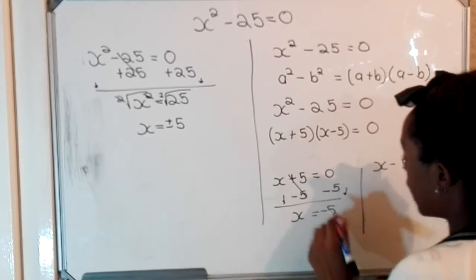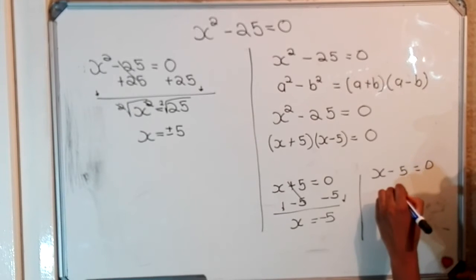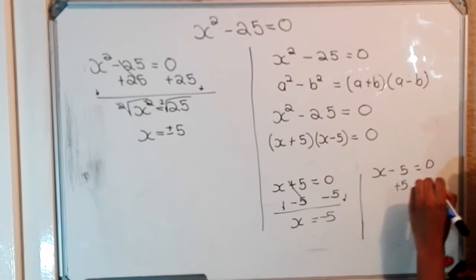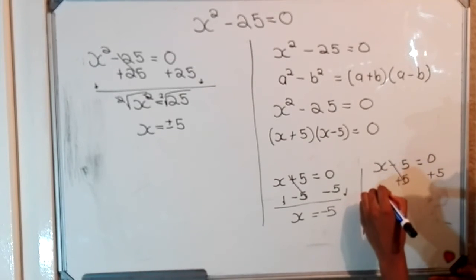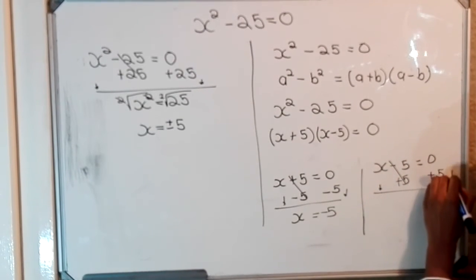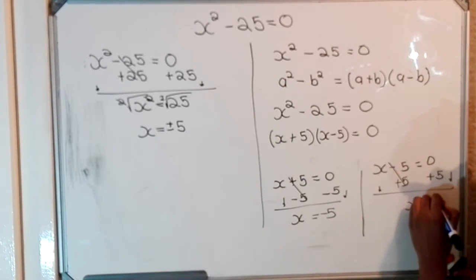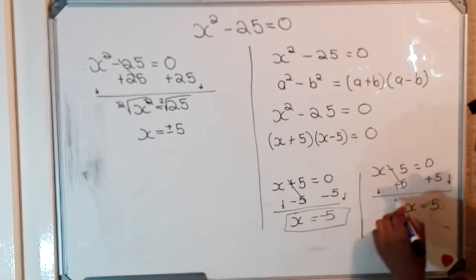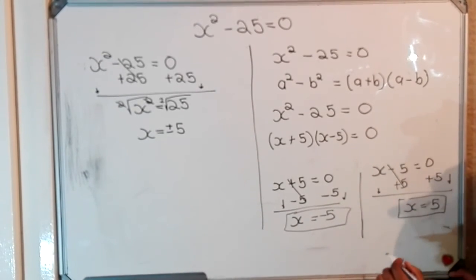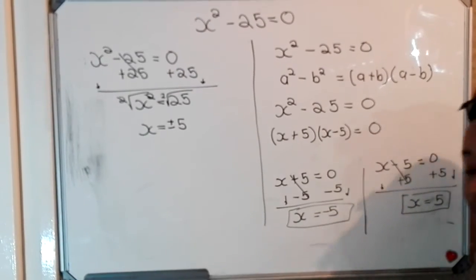And over here, the opposite of minus is plus, so plus 5 here. Whatever I do on this side, I must do on this side as well. So plus 5 on this side. This will cancel. We'll bring this down. Bring that down. You're going to have x is equal to 5. So you see we have two answers for two values of x. So that's why we put plus or minus. So these are the two values of x.